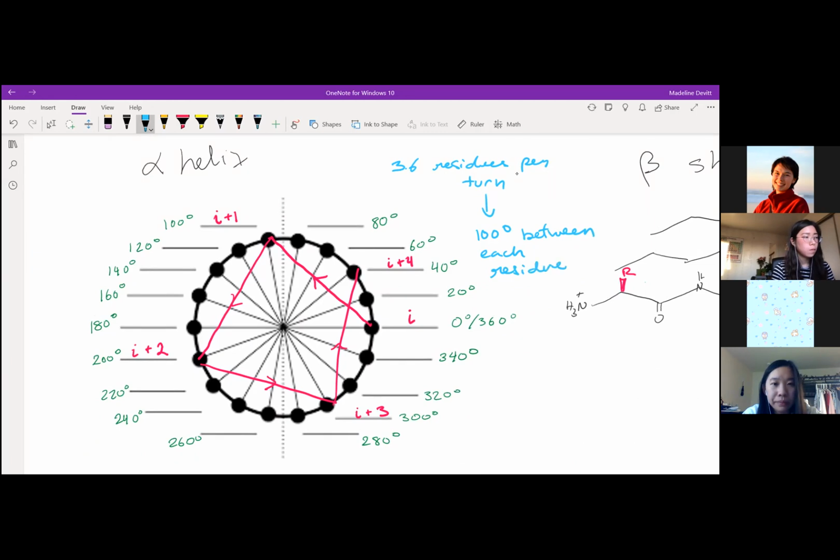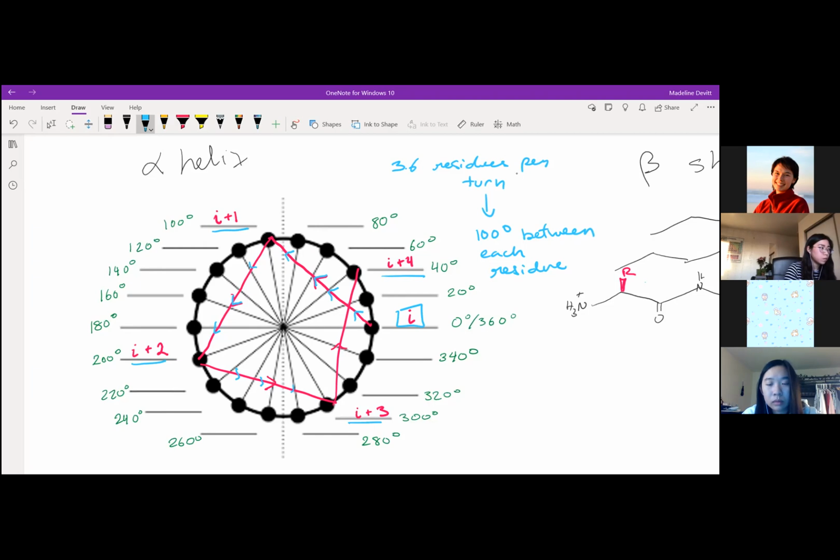If we start with residue I and go 100 degrees around this helix, in this case facing down on the helix and moving up, we get to I+1, then we move another 100 degrees and get to I+2, and so on until we see that the I+3 and I+4 residues are on the same side of the helix.